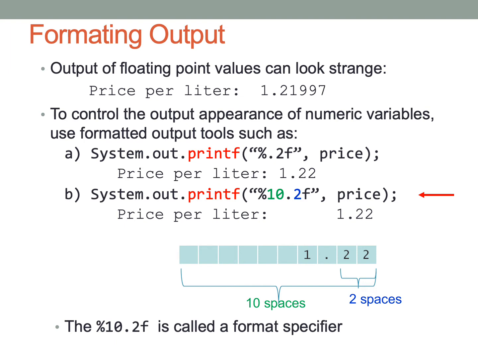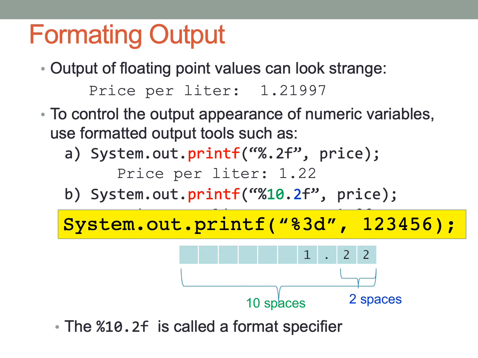The value 1.22 has taken 4 spaces, which are the value 1, dot, 2, and also 2. So when we write %10.2f, we are left with 6 blank spaces. So the output, if you run it, would have 6 spaces, then 1, point, 2, and also 2.